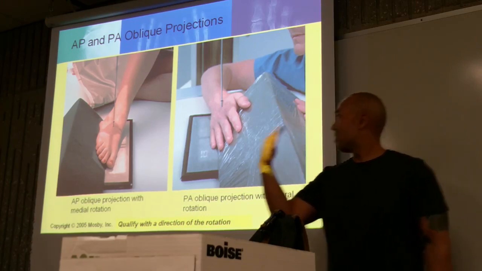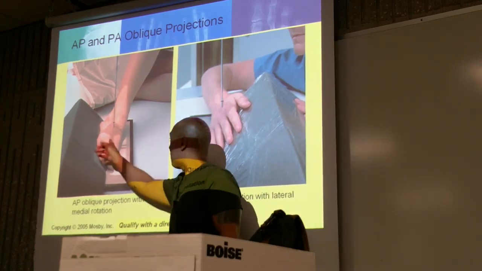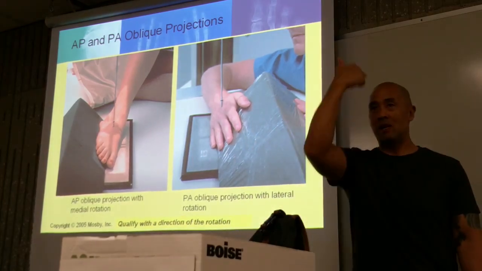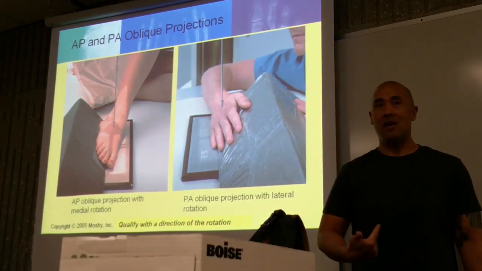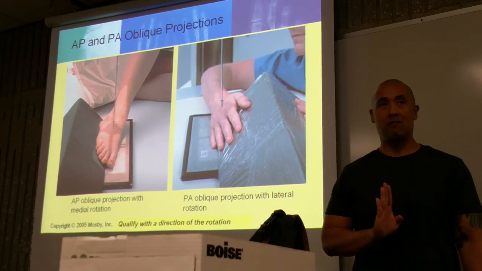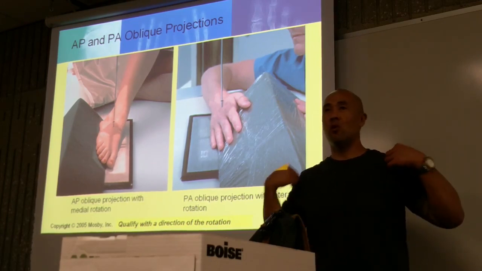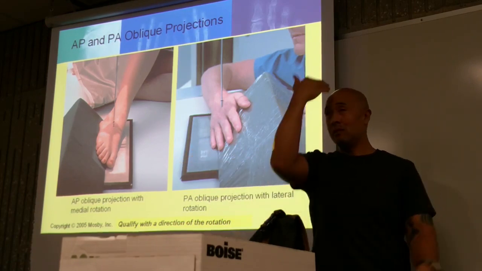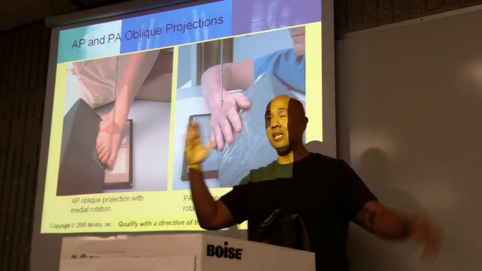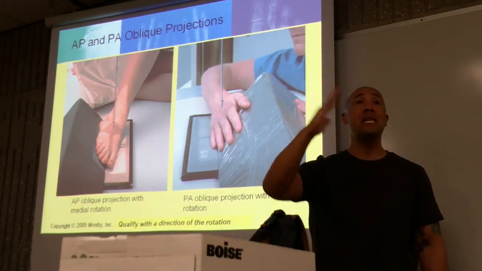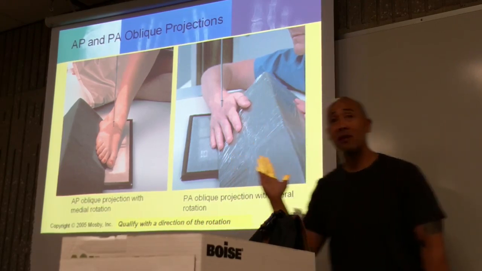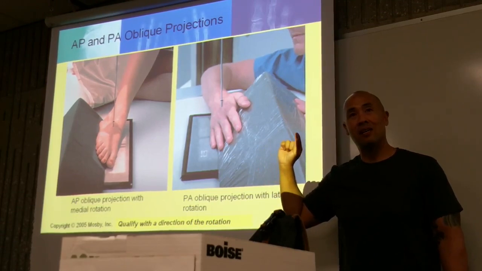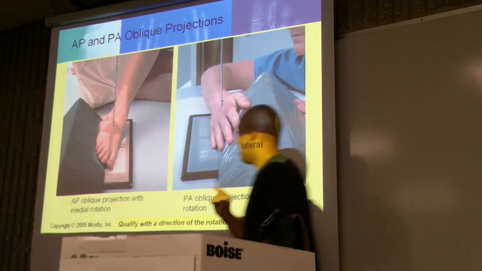The knee and the foot is rotated towards the middle. This is your medial portion. This is lateral. This is medial, this is lateral. So it's being rotated medially. Therefore this is called a medial oblique.